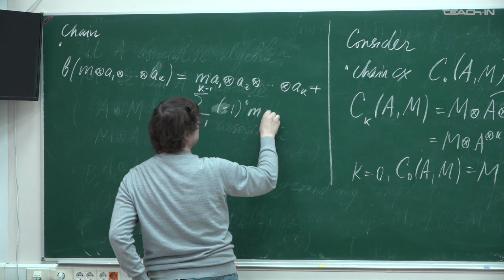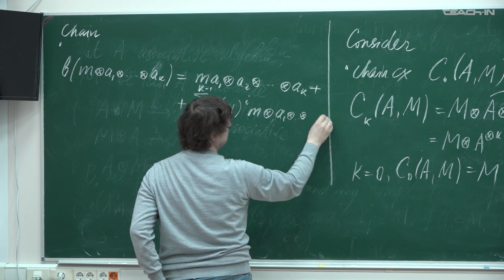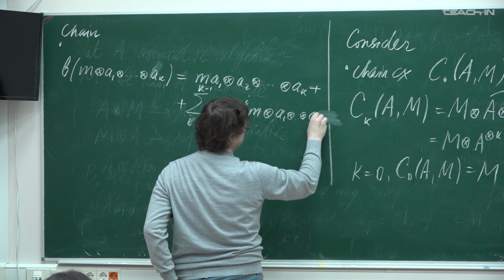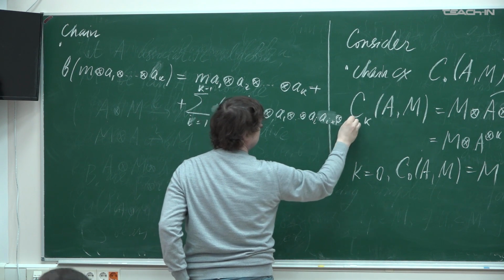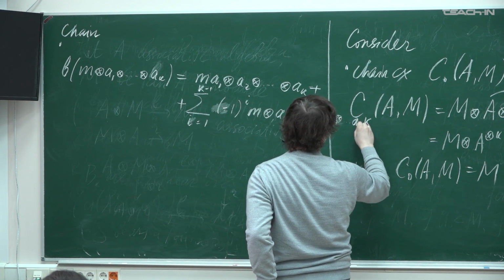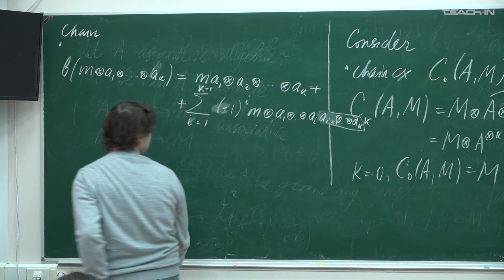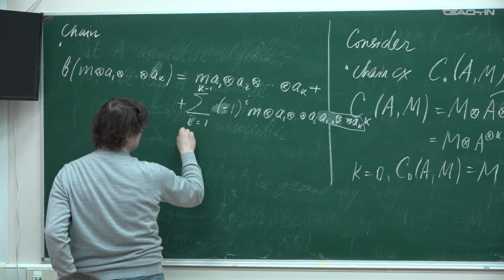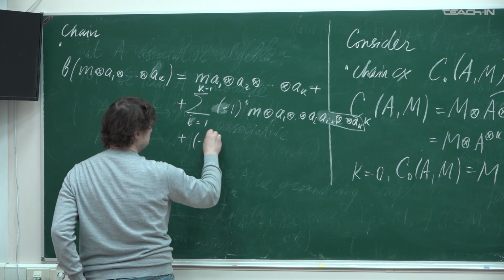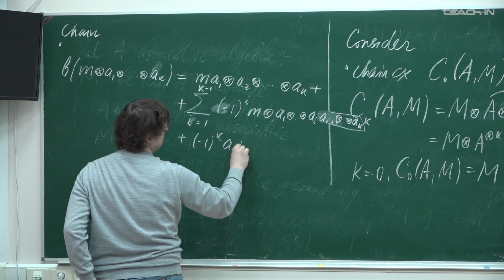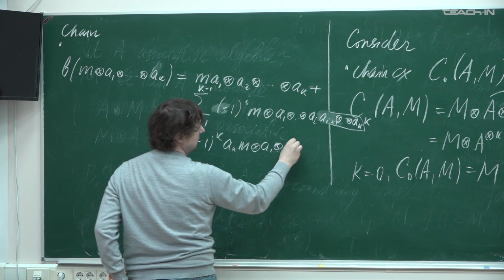After this, we take m, take a1, and so on. Then we have a(i+1), and we end up with ak. Right? But that's not all, because we need to add one more term. And this term is minus 1 to the power k, ak m tensor a1, ..., a(k−1).